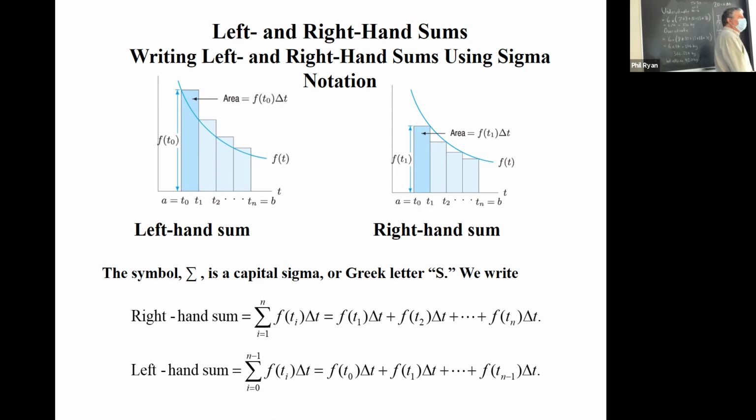The main thing you've got to remember is that you have a whole bunch of rectangles. Delta t is always going to be the base of the rectangle. The height of the rectangle is going to be some f of t, some value of the function in that interval. You can actually use any one, really. It doesn't really matter. This is just a systematic way of doing it.